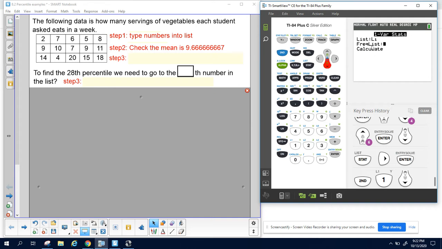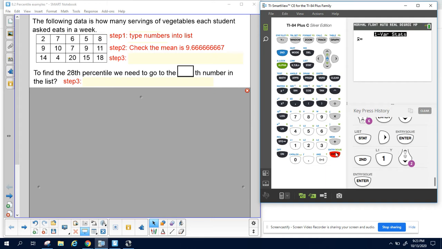If you only have one list of numbers, then you need to make sure this thing is left blank, or push clear to make sure that it is blank. Go down to calculate and run the numbers. So at the top here, the mean is 9.666667. So we've checked that we most likely have these numbers typed in correct.